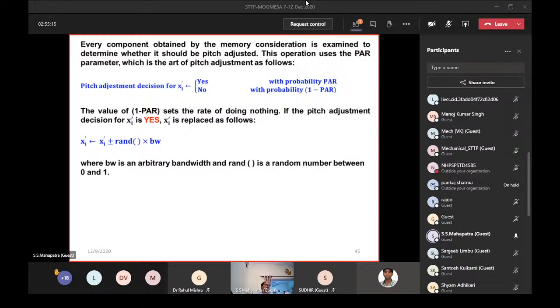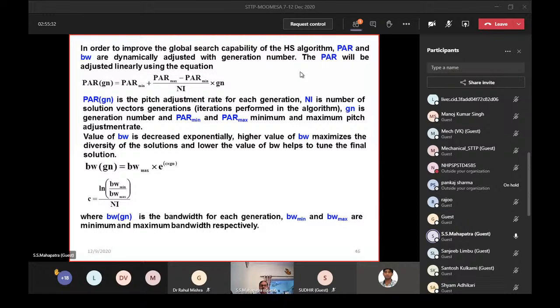All these HMCR and PAR are used only to get some variation, only to get diversity in the solution, so that the new solution will be superior to the old solution.